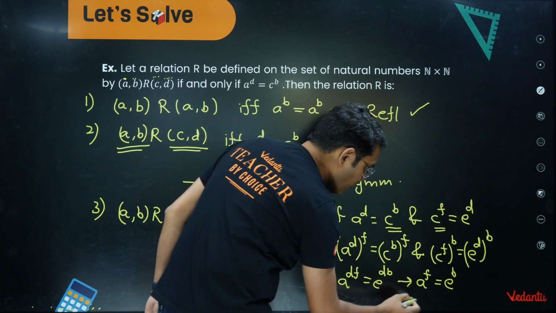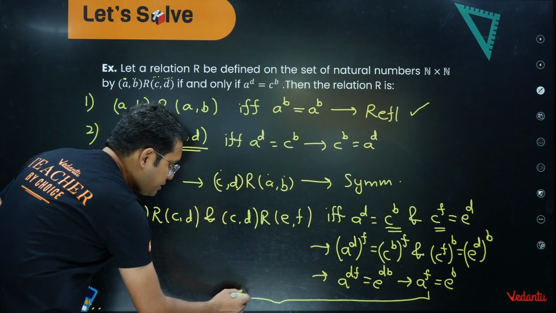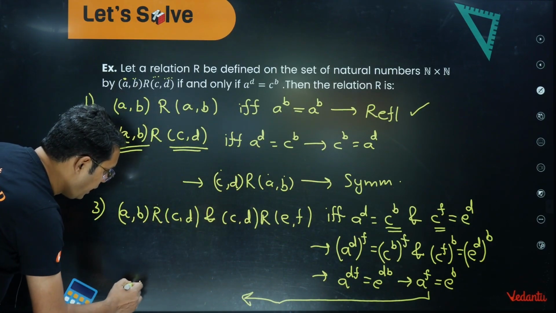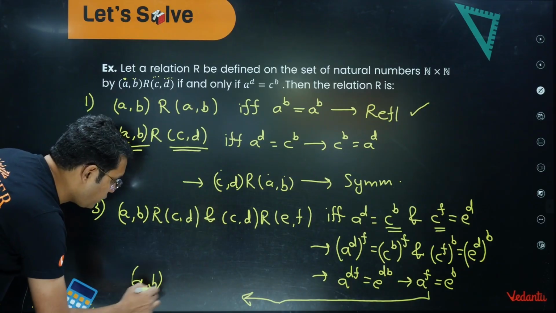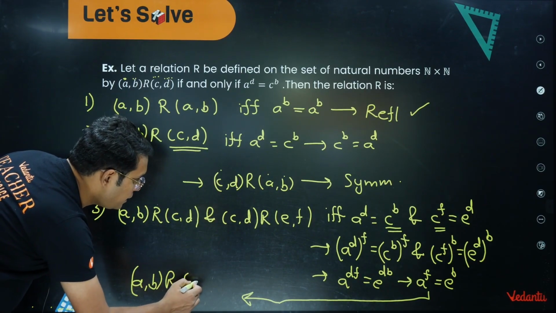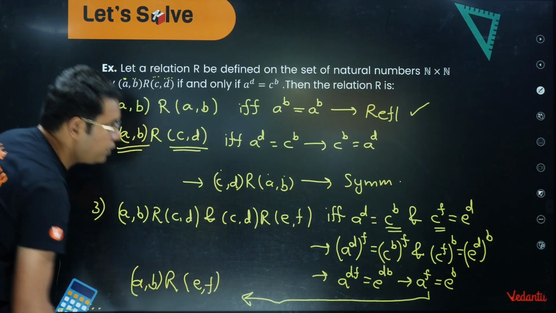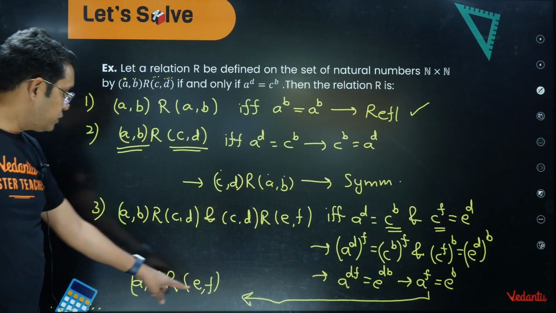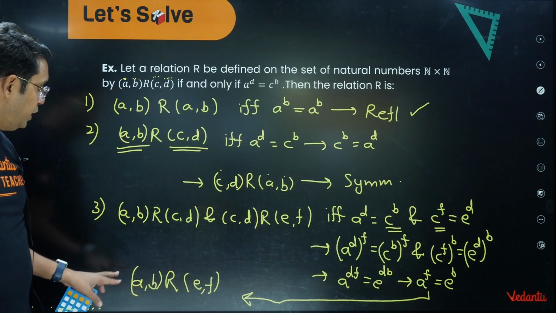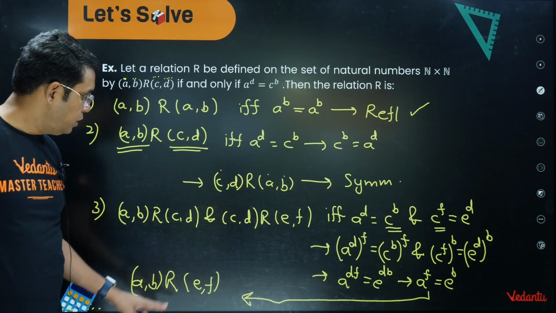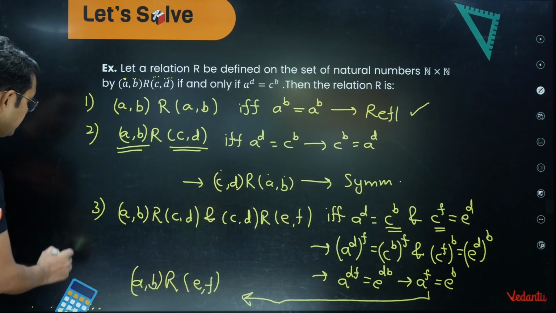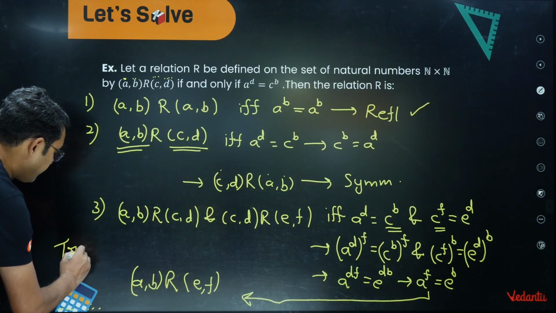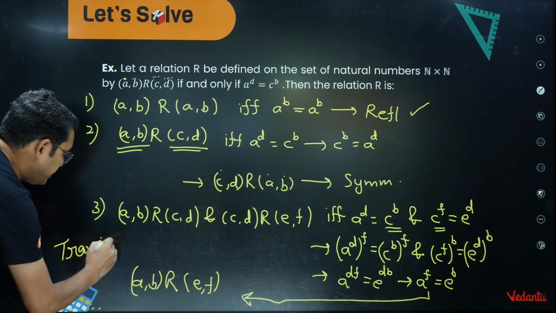Now this means (a, b) is related to (e, f). So a raised to the power f is equal to e power b, so (a, b) is related to (e, f). That means it is transitive also.